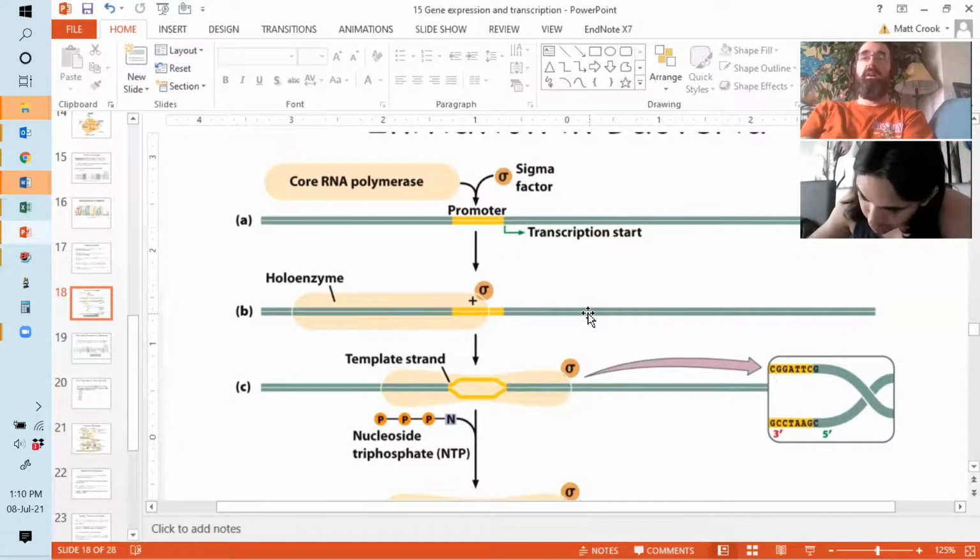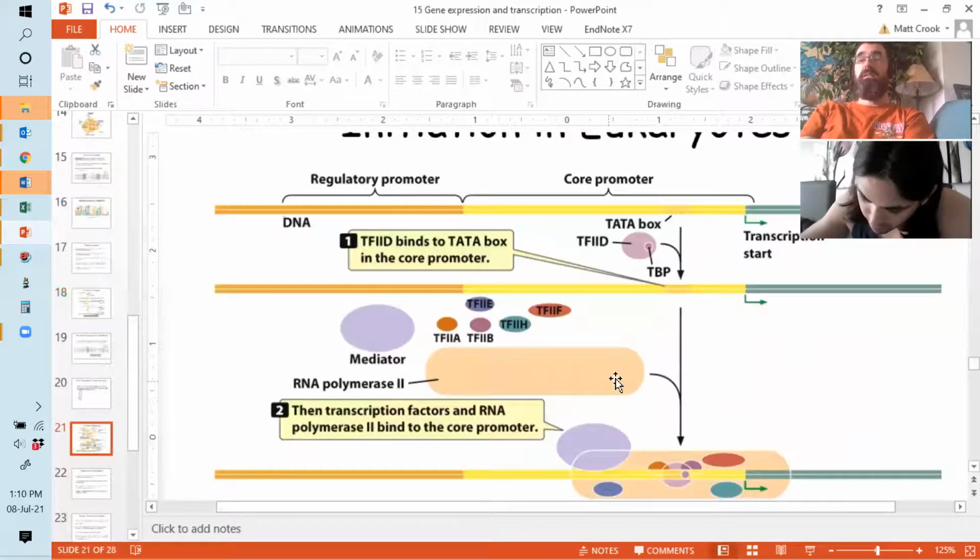So prokaryotes have other ways of controlling whether or not transcription occurs. It's not at the level of the RNA polymerase binding. That's pretty much kind of like an auto thing. Right? In eukaryotes, it's very different.